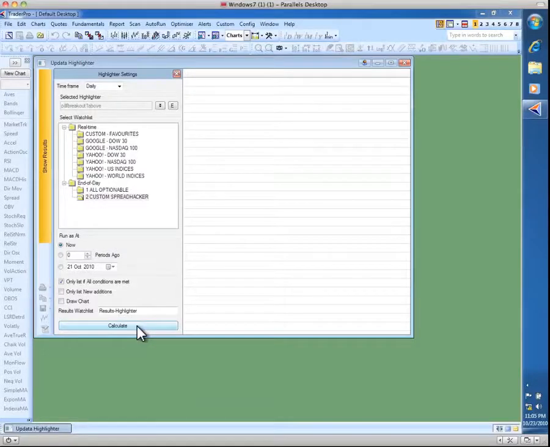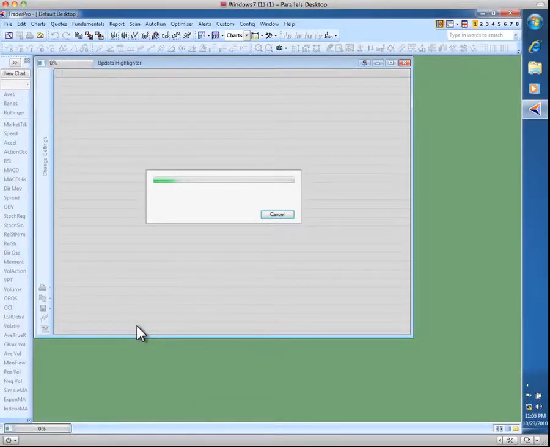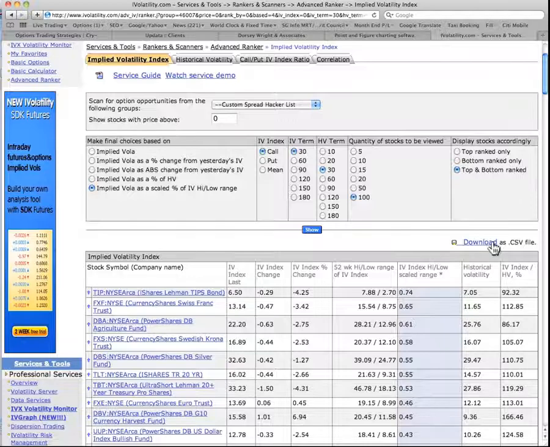Let's run the process to see how long it takes to arrive at a trading decision. While Trader Pro is running the customized scans, you can see here for 117 candidates it's going to take less than 40 seconds. I'm going to go into iVolatility to export out the volatility files.